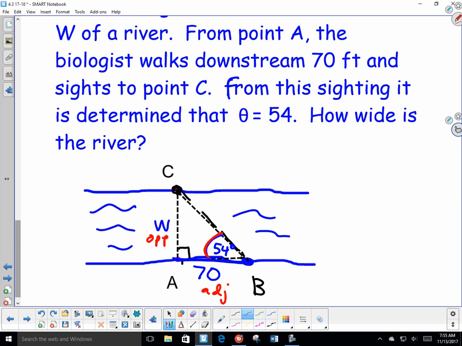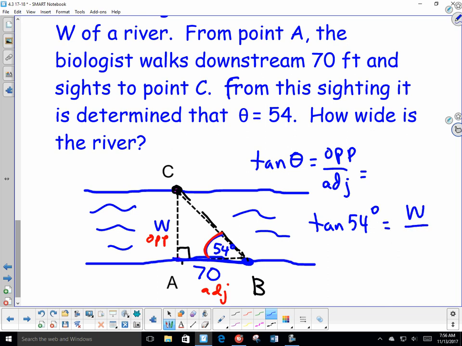So which trig function involves opposite and adjacent? Think SOHCAHTOA. That's going to have to be tangent, the opposite over the adjacent. So I can write tangent of 54 degrees is equal to W, my opposite side, over 70, my adjacent side.